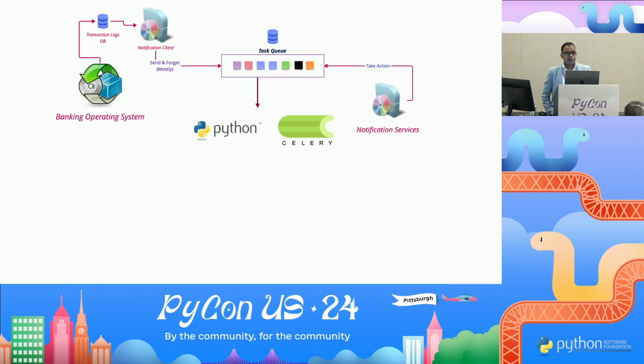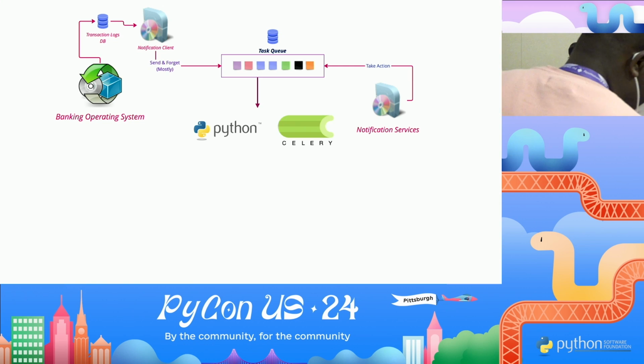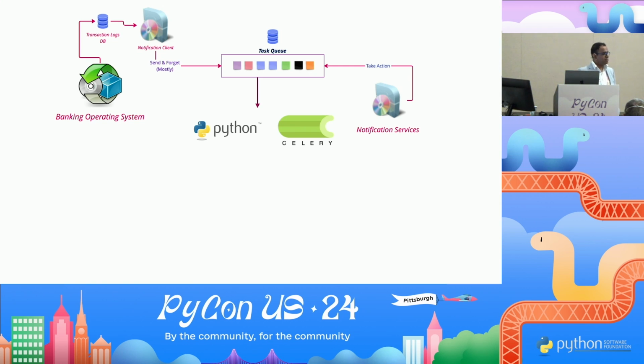Okay. Now here comes another question for all of you. Look at this picture, and if I say, why on earth are we making it so complex? Why can't the notification service directly look into the transaction logs database and send the SMS? Pretty much the same thing, right? Security vulnerability is one. Yep, that is there, security vulnerability. And any other reasons somebody can tell me?